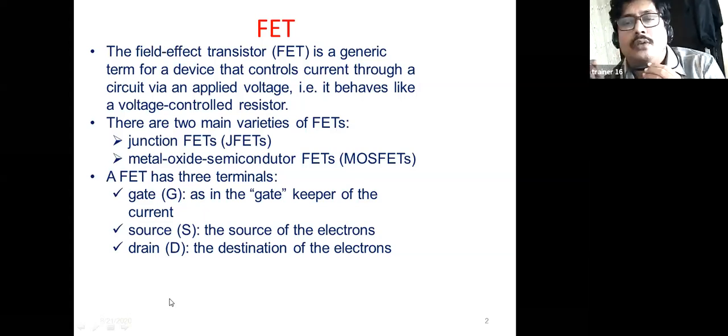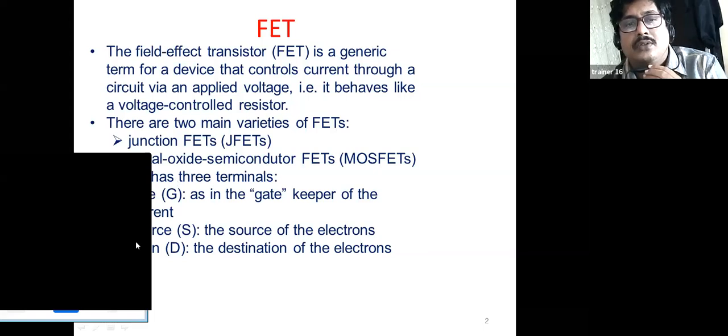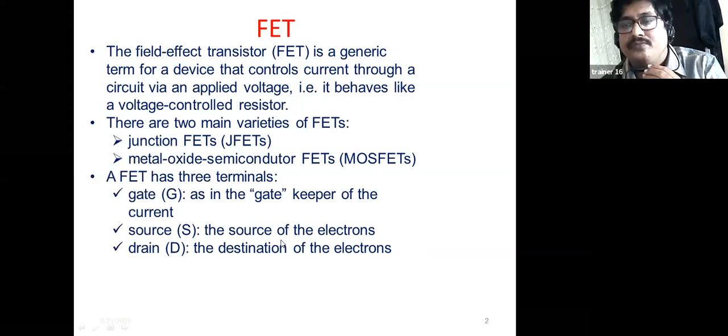In the BJT, there are emitter, base and collector. Here in this case, gate, source and drain. The emitter emits electrons, so it is the source of electrons. Here the source is the source of electrons, and the drain is the destination of the electrons, whereas the collector receives the electrons.